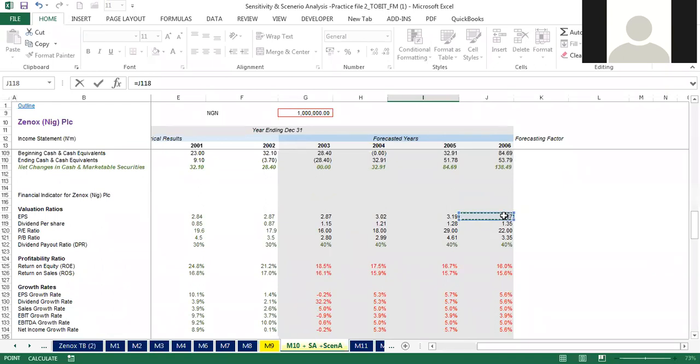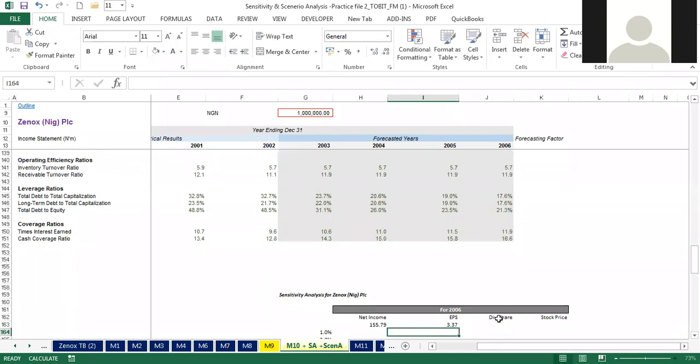We are doing the scenario sensitivity analysis based on the question. Your management wants you to show how net income, EPS, dividend per share, and stock price will change for 2006 for sales growth rate from 1% to 10%. So it's 2006 we are looking at. That's why I'm picking the figure for 2006.